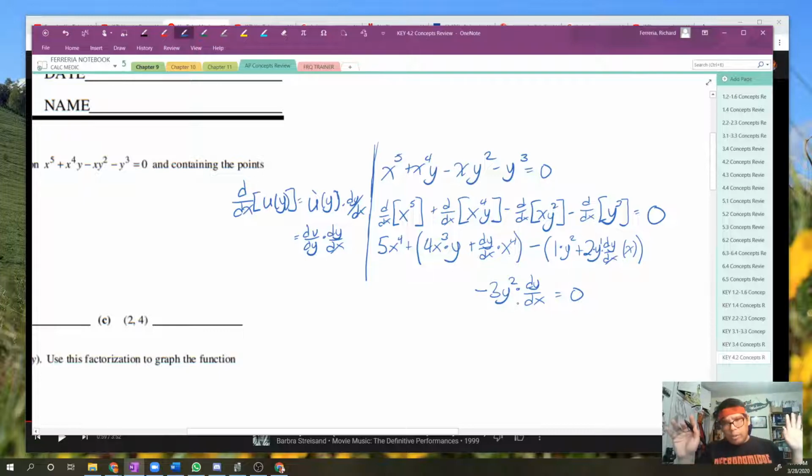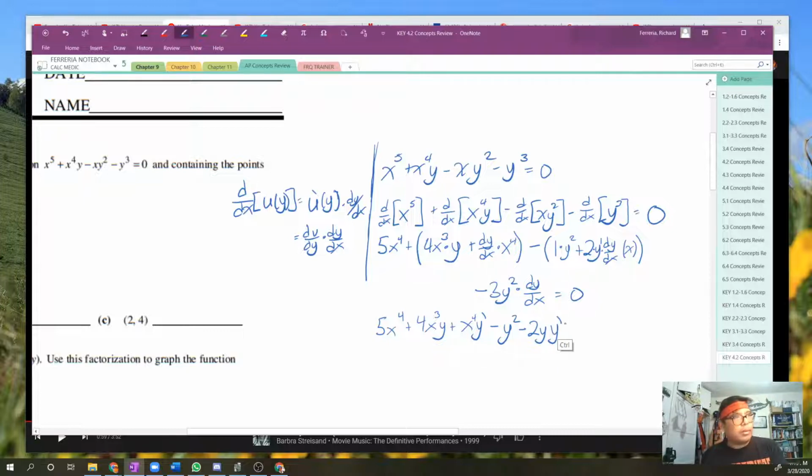Let's open up some of those grouping symbols and let's turn our dy dx into y prime. That'll make it a little bit easier to write all of this. All right, so our next line here is 5x to the fourth plus 4x cubed y plus x to the fourth y prime minus y squared minus 2 y and then y prime again.